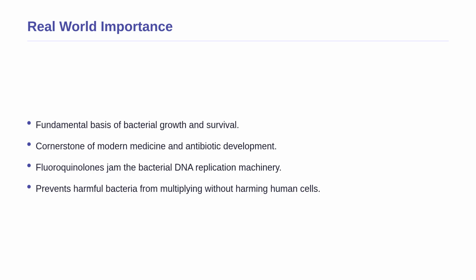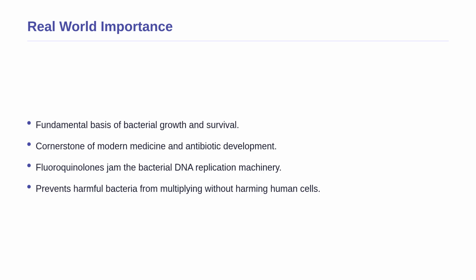Having seen how the machinery works, you might wonder why this matters in the real world. Understanding prokaryotic DNA replication is absolutely critical because it is the fundamental basis of bacterial growth and survival. Without this process, bacteria could never divide. In modern medicine, this knowledge is a cornerstone for developing antibiotics.